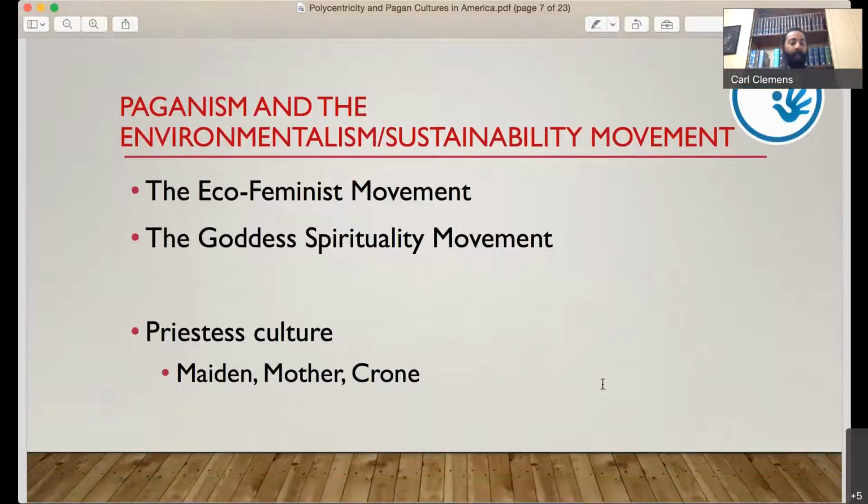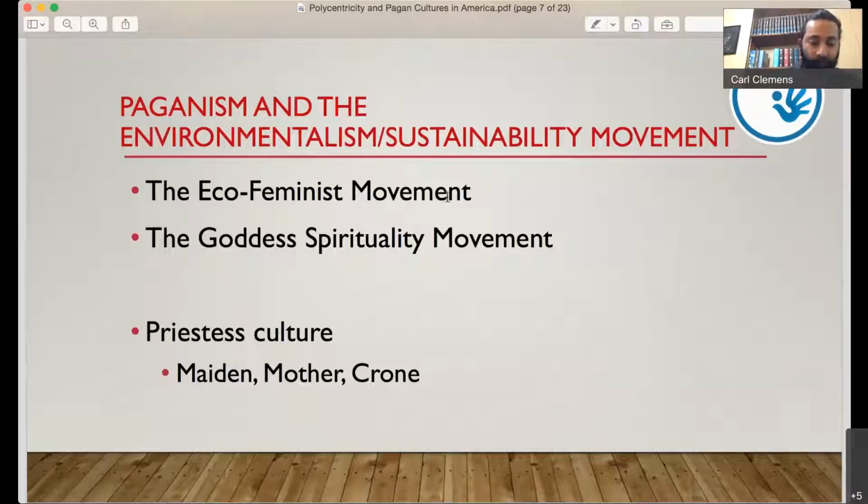So we'll see that paganism today and pagan human rights is also intimately connected with other aspects of human rights and sustainable development. So paganism and the environmentalism movement or sustainability movement. Within paganism, there are two very strong and very prominent movements.